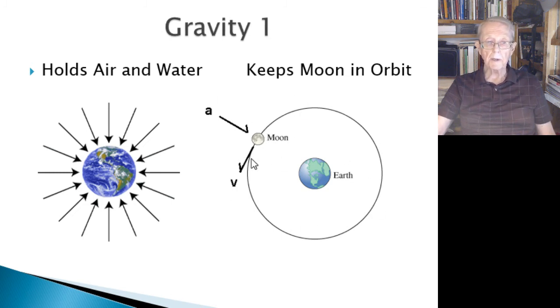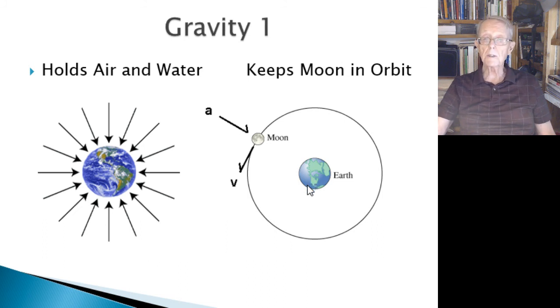This is the same picture with the moon having this velocity and this acceleration towards the center. The moon will orbit elliptical or spherical depending on the numbers involved. Of course, the gravity goes further than that. It goes to the solar system. When the Earth orbits the sun, gravity 1 controls that.